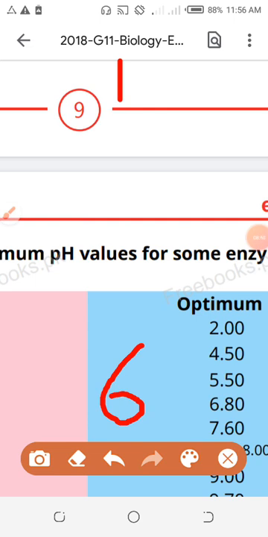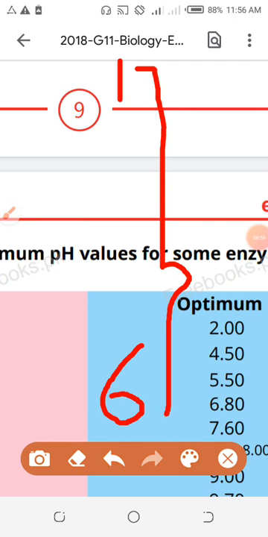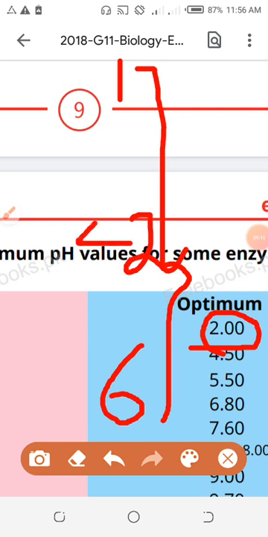This is a significant point, so be alert and attentive. But here, what is written? Pepsin works at pH 2. So it means pepsin will work maximum at pH 2, so this pH is the optimum pH.